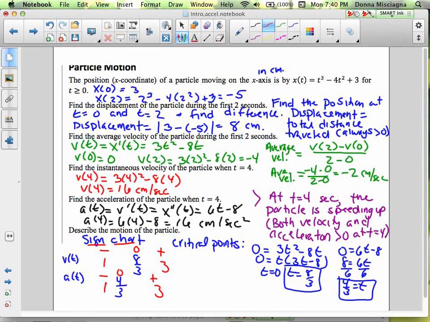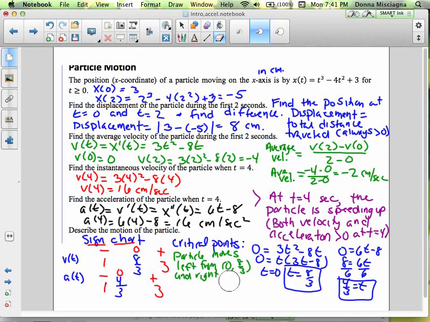All right, so let's now describe the motion of the particle, and I'll write here in green. The particle moves left from 0 to 8/3 and right for t greater than 8/3.